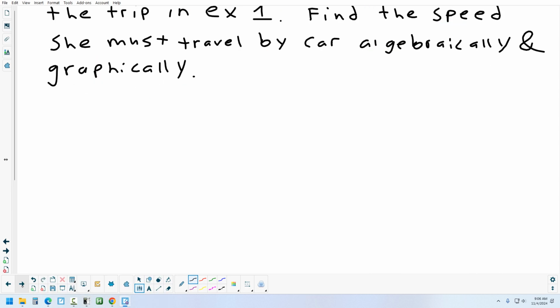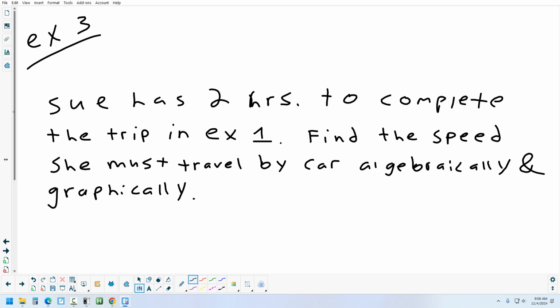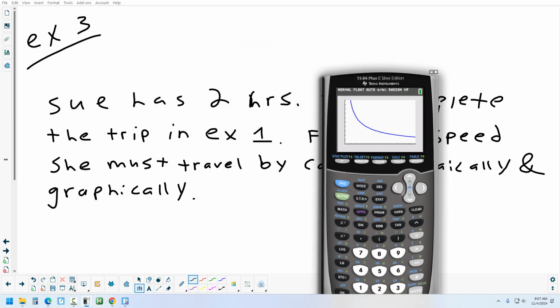All right, so now, using that graph, it says Sue has 2 hours to complete the trip. Find out what speed she has to travel by car. Let's say she wants to make the trip in exactly 2 hours. How am I going to mark 2 hours on that graph? Is that the y value?